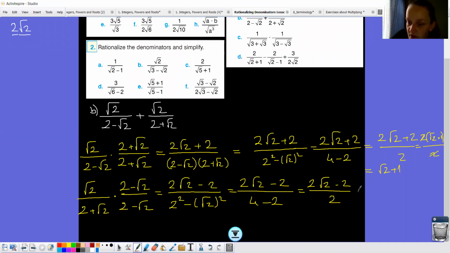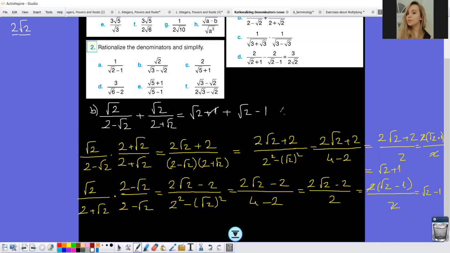Then again the same thing, I am taking 2 in front of the parentheses. Root 2 minus 1 I have over 2. These 2's will go and the result will be root 2 minus 1. Now I'm writing in the question, the first fraction becomes root 2 plus 1, plus the second fraction is root 2 minus 1.